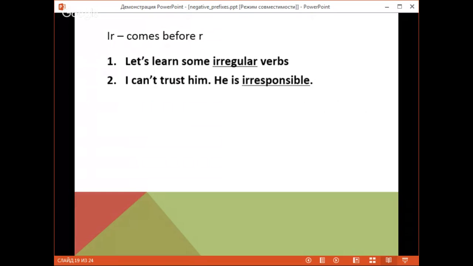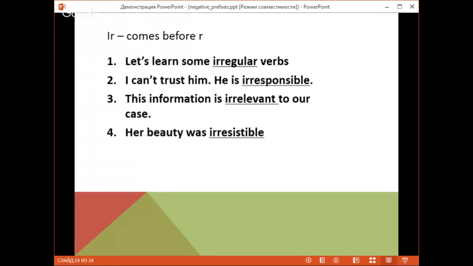I can't trust him because he is irresponsible. This information is irrelevant to our case. Her beauty was irresistible. And your behavior is irrational. Those are some useful examples of ir prefix.